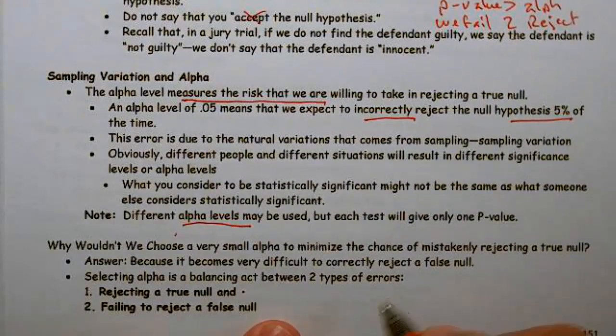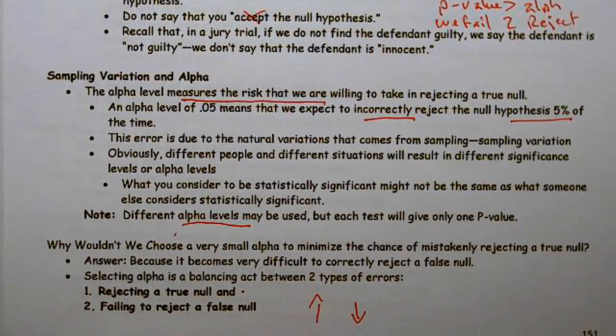Now, those two errors don't sum to one, but as one goes up, the other goes down. And it's like, well, I've got to balance it out. And generally speaking, that's why we usually choose alpha equal to 0.10, alpha equal to 0.05, probably the most popular, and then we also use alpha equal to 0.01.